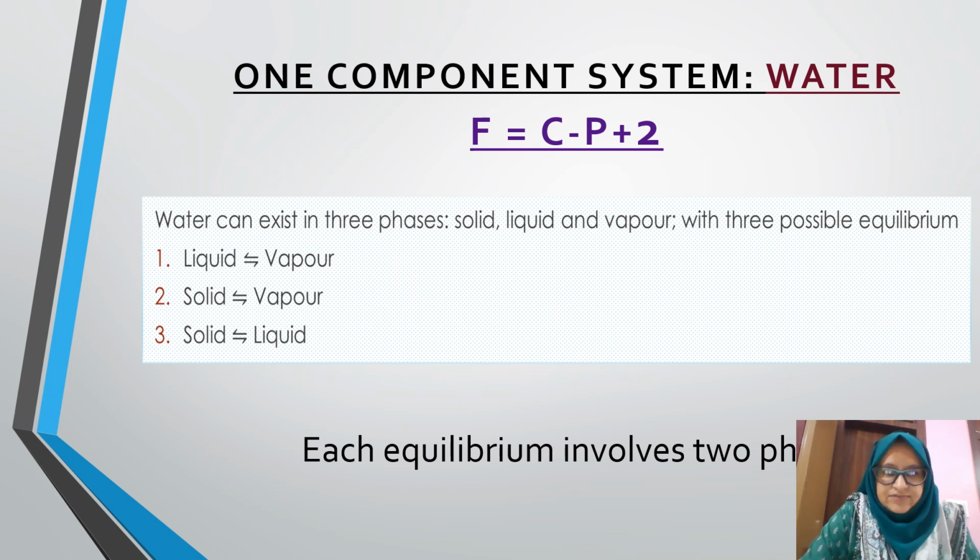In the second, the component is 1 but two phases are required, solid and vapor. And in the third, the component is again only 1, but two phases are required, solid and liquid.